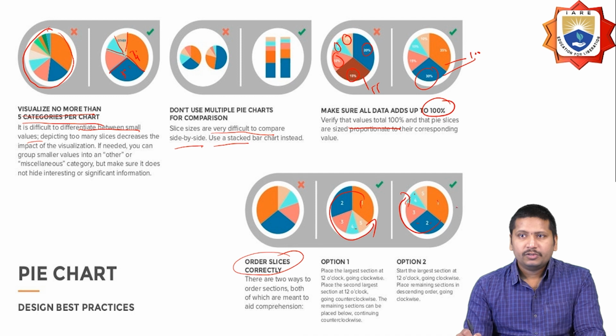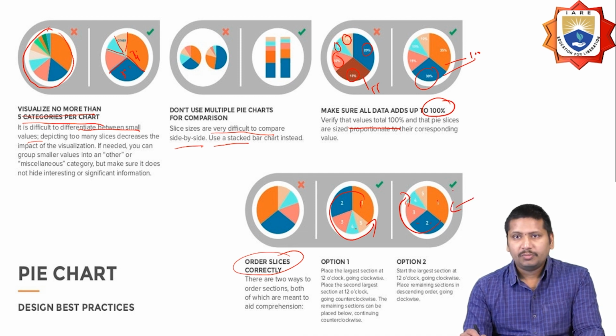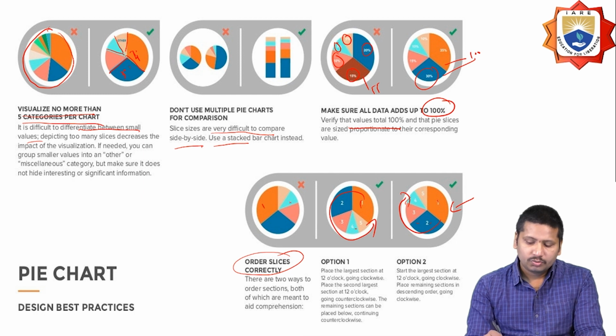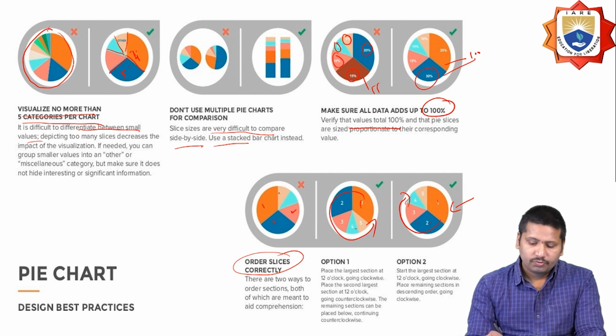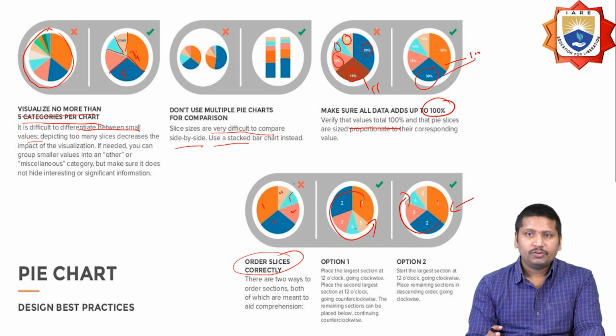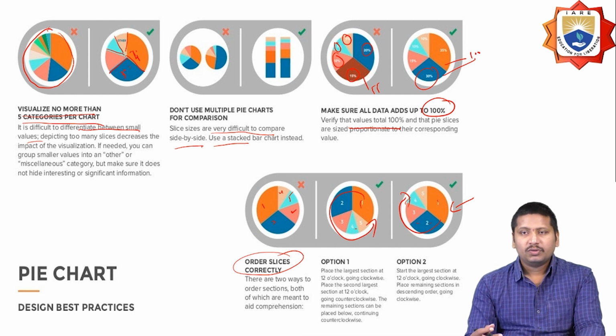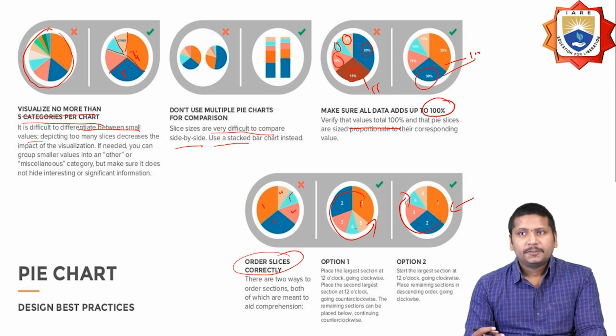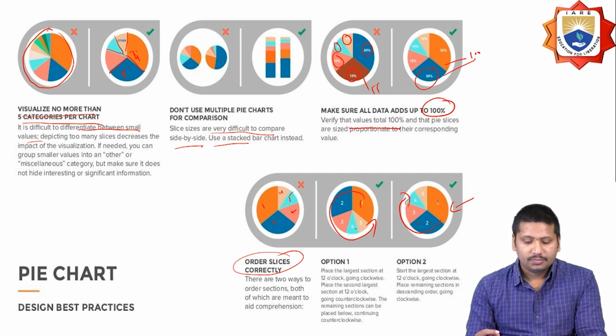This type of consideration should also be considered while presenting the pie chart. If I go this is 1, this is 2, this is 4 like this, it would be a little bit confusing. You wonder what is the first one, what is the second one. This kind of thing we have to consider here.